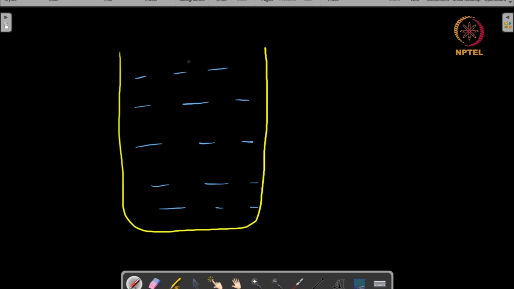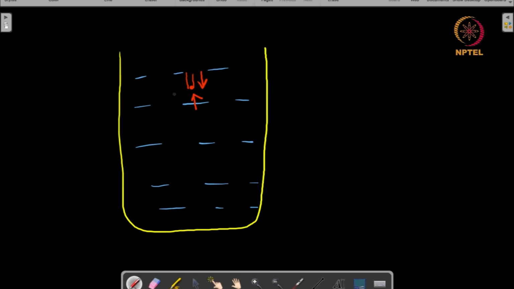Now, if we consider a point here, all the water in this water column above this point is exerting a pressure downwards. And if there is a pressure downwards, why does this particle not move downwards? It is because this is balanced by an equal amount of pressure from the bottom.